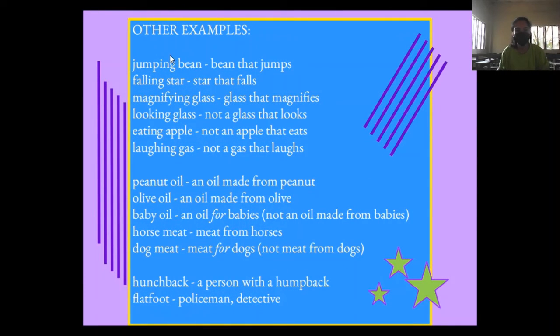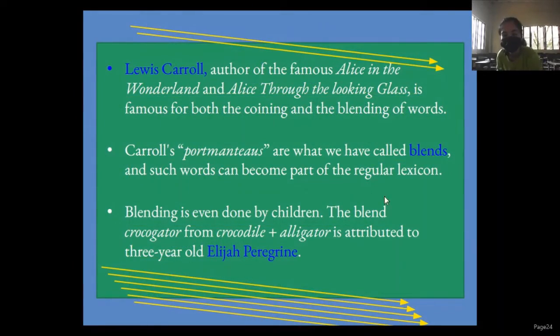Other examples: jumping bean, bean that jumps; falling star, star that falls; magnifying glass, glass that magnifies; looking glass, not a glass that looks. This one, I think, does not belong to idiomatic, but this is a good example for this one.